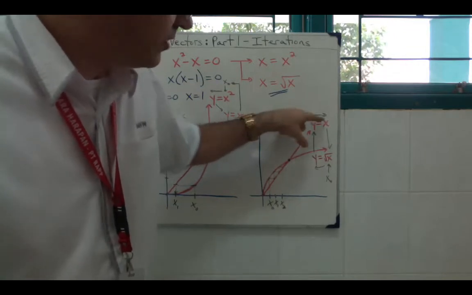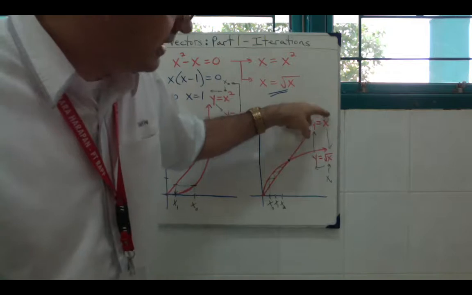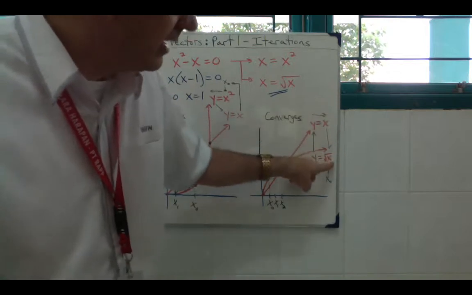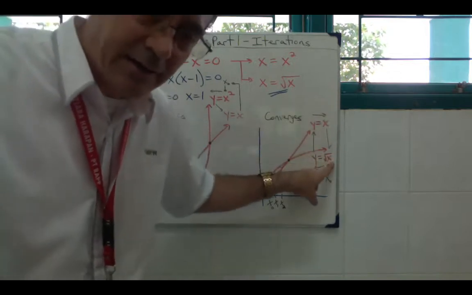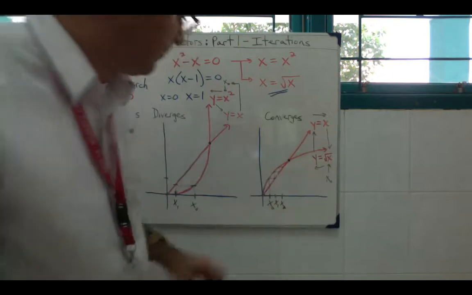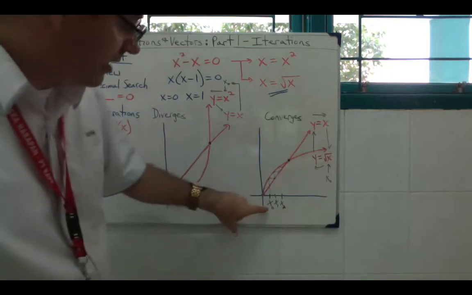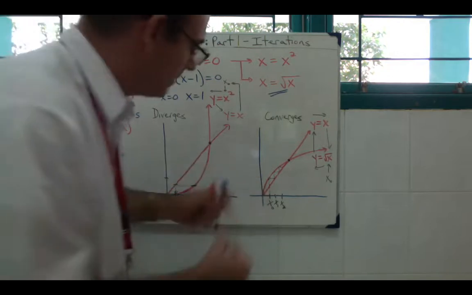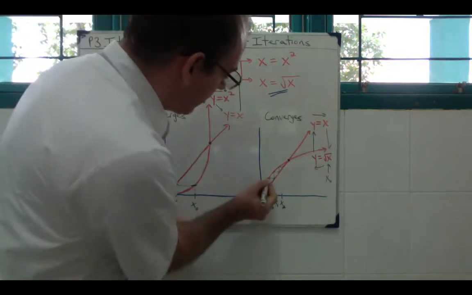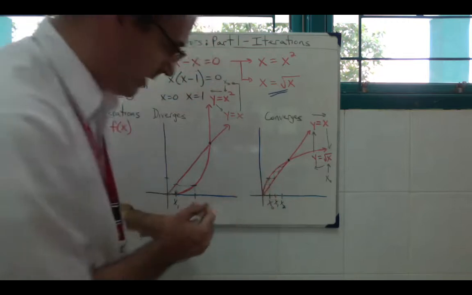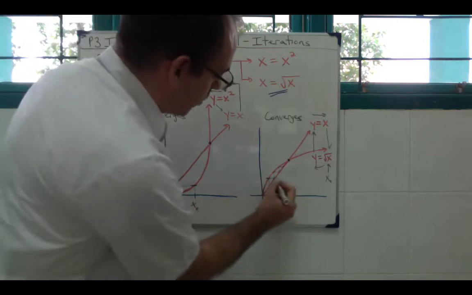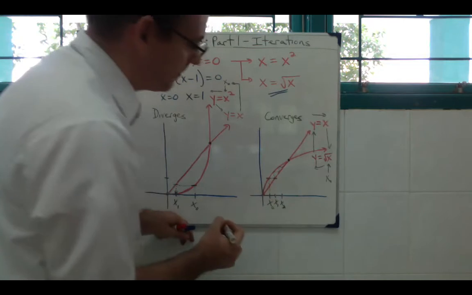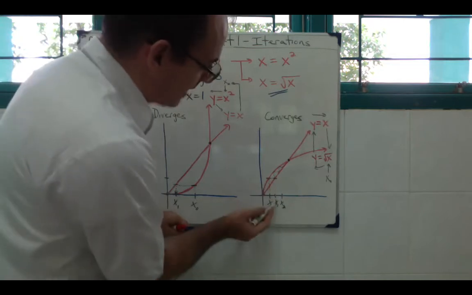This y value is now our next x, and the next x is what we plug in to the equation again, okay? So here is our original x. We plug it in, we get a y value. It's the same as the y value over here, and that gives us the next x.